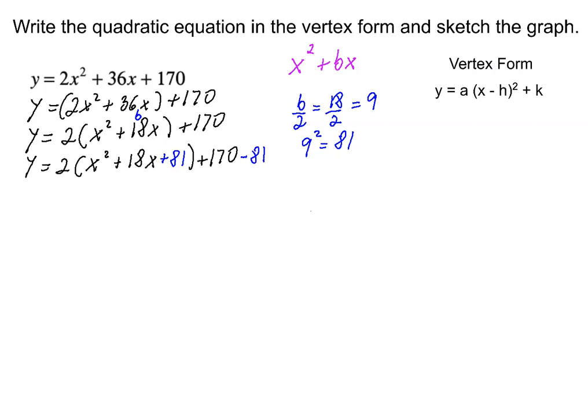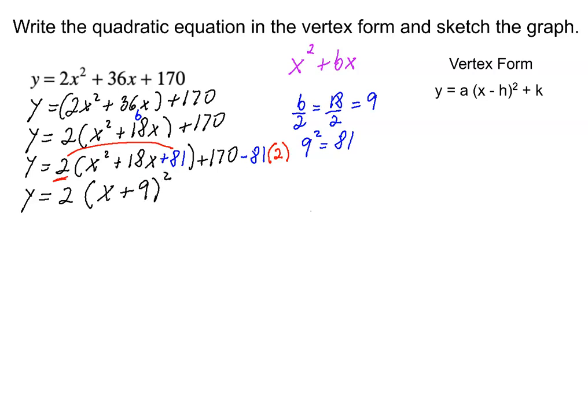And because we have a 2 up front, if you have 2 times 81, in this case it would be 162. For that reason, I'm gonna also multiply negative 81 by 2. Okay, so now let's see what we have. We have y equals 2, and if you take x squared plus 18x plus 81 and factor, you get x plus 9 squared.